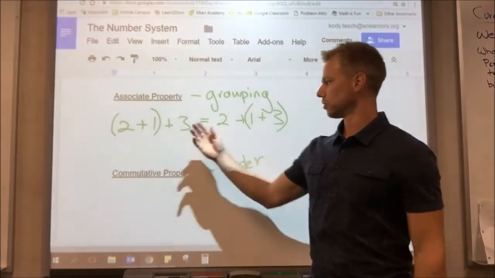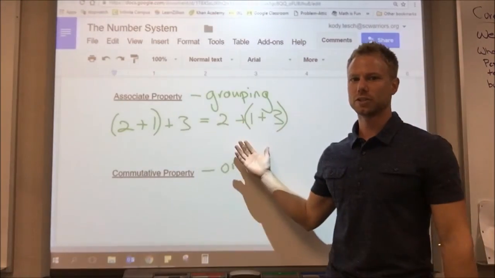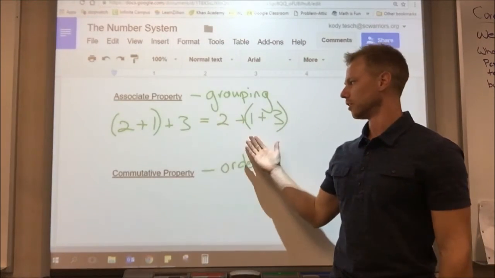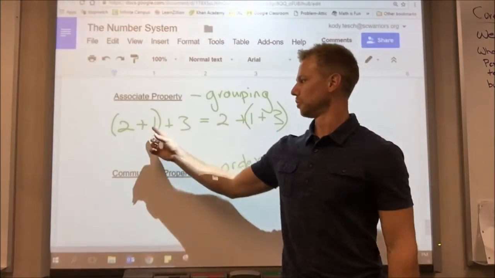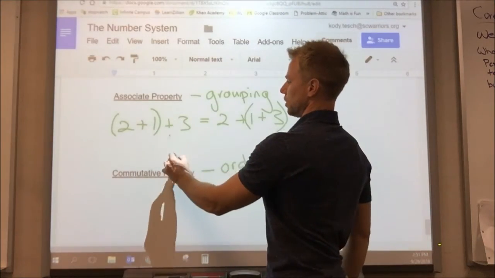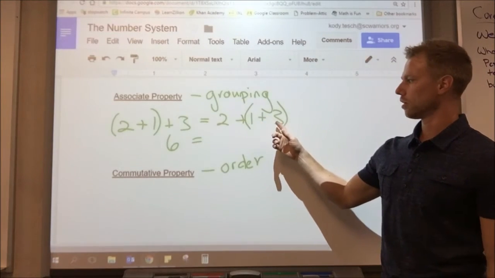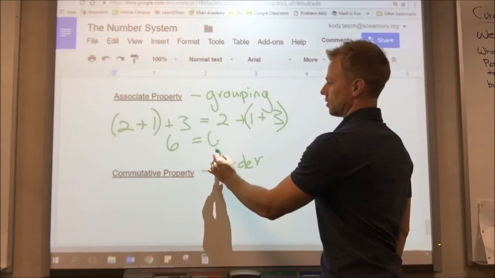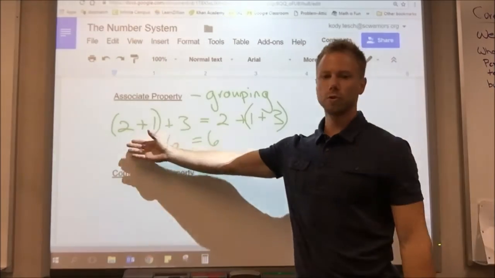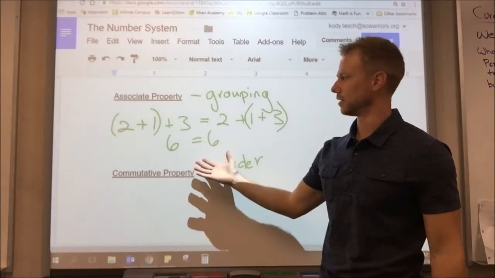No matter which two numbers I add together first, I'm going to get the same answer on both sides. So 2 plus 1 is 3, 3 plus 3 is 6, and over here 1 plus 3 is 4, 4 plus 2 is 6. So even though the groupings are different, I get the same answer.